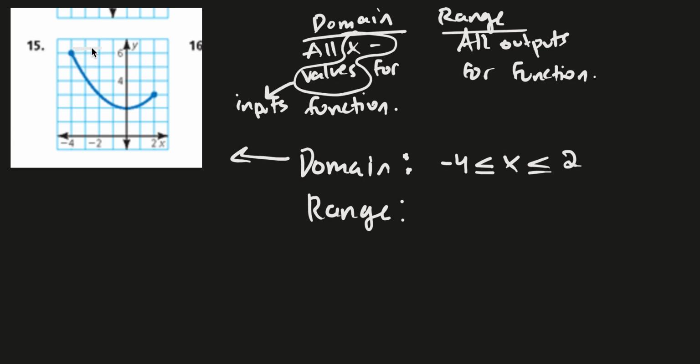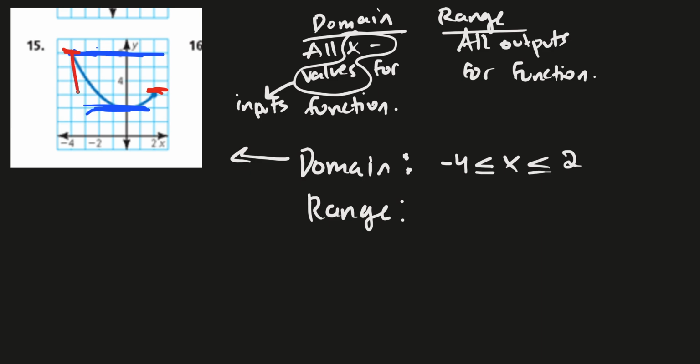Here you see that the y value comes from here to here. Make sure that you don't do from here to here, because that's not correct. If you did it from here to here, that wouldn't be accurate, because you're looking at all the y values that are possible. You can think about drawing an arrow or something.